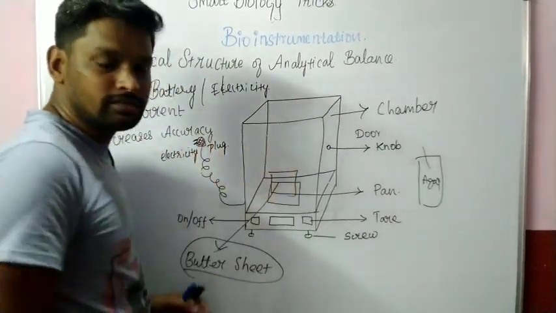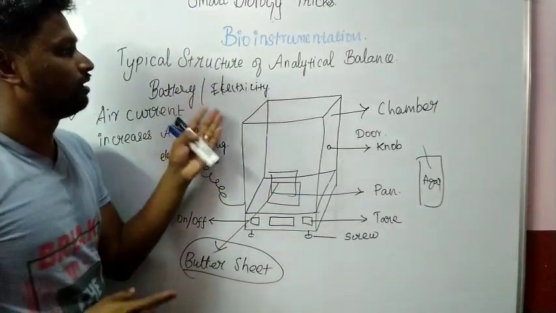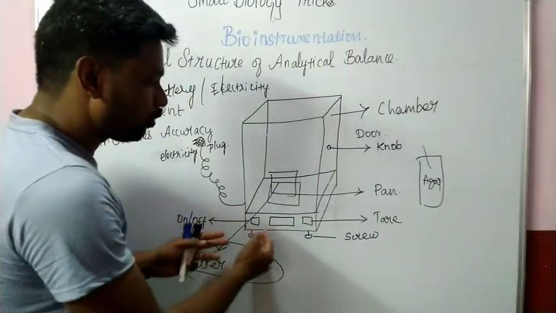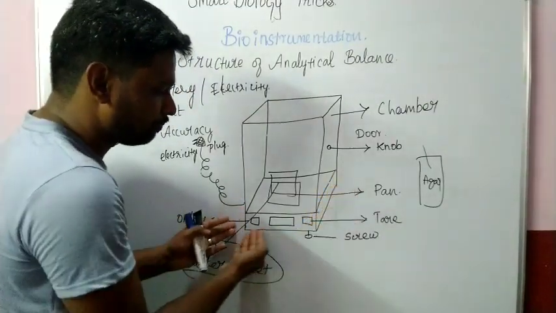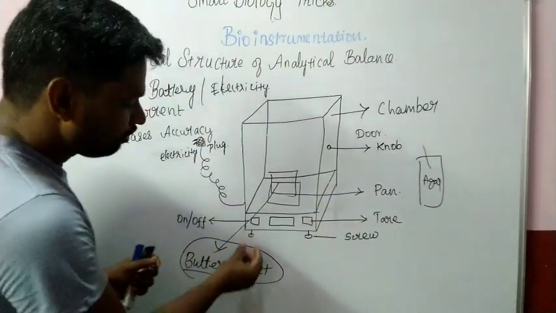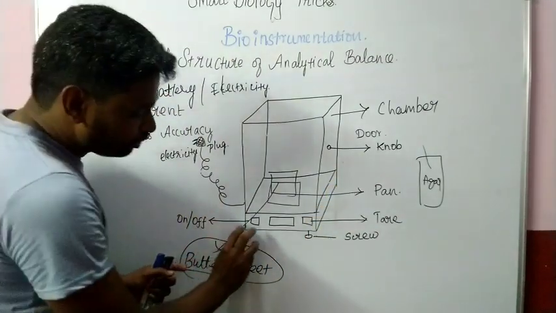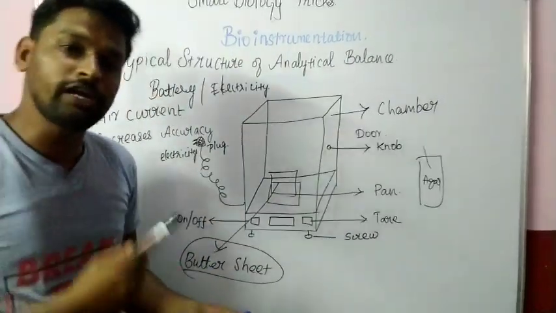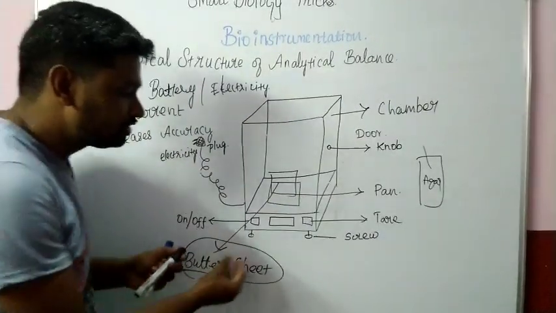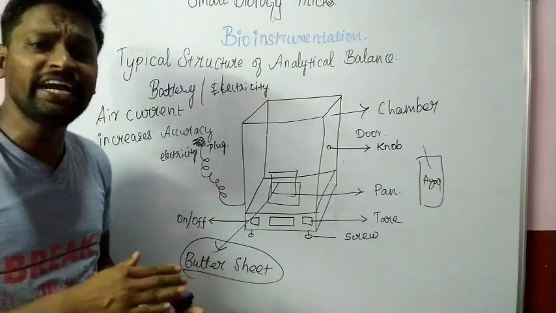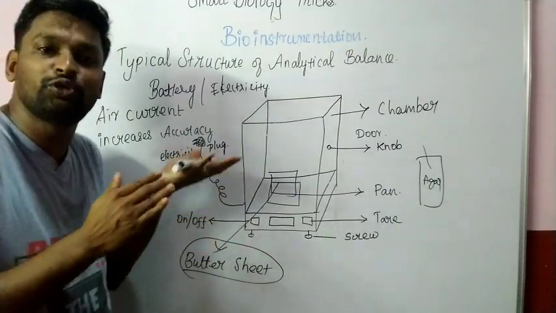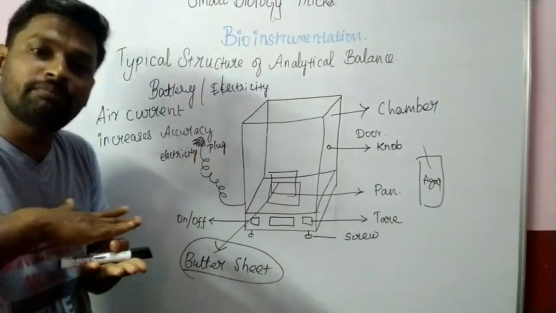Okay, let us discuss the structure of the analytical balance. At the bottom of the analytical balance, on the four sides of the base, you will find screws. Those screws are adjustable. These screws are found in the older type of analytical balance and are used to maintain an even surface. The instrument should be placed in an even manner.